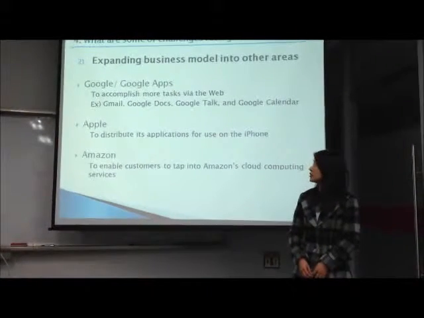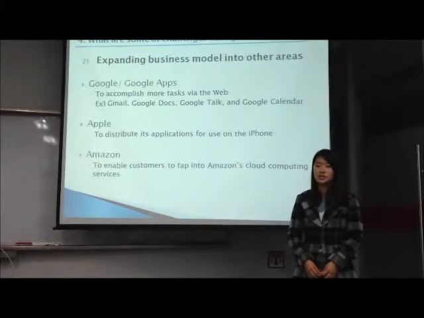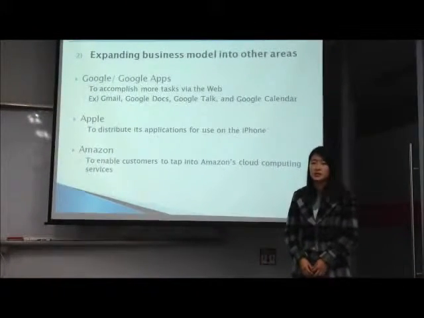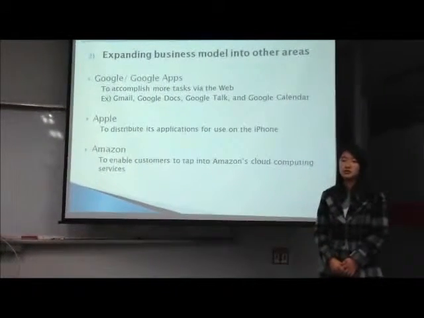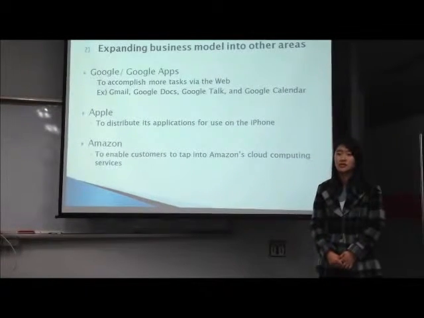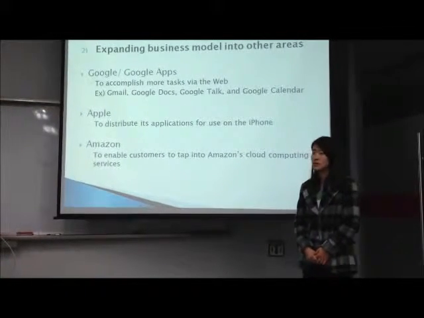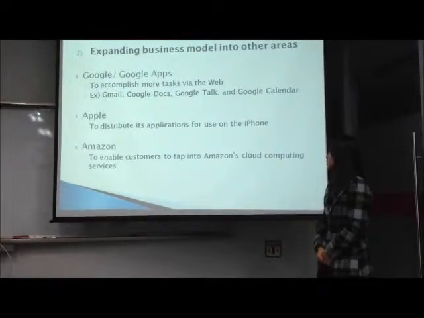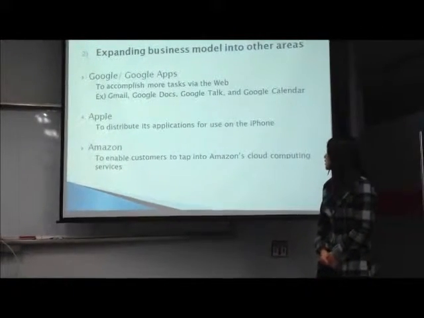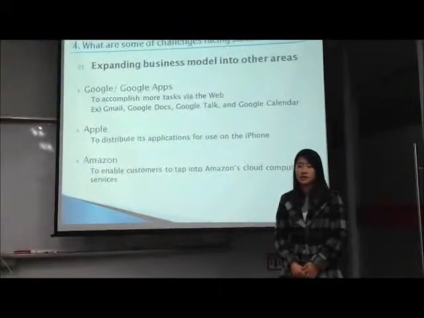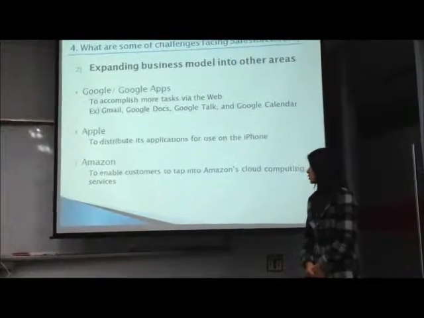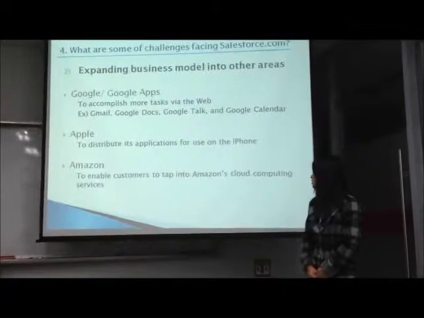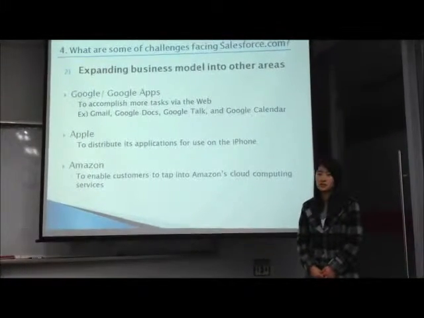With Google, it tries to accomplish more tasks via the web. For example, it combines with Gmail, Google Docs, etc. Another company is Apple. Apple is to distribute its applications for use on the iPhone. The last company is Amazon, to enable customers to tap into Amazon's cloud computing service.